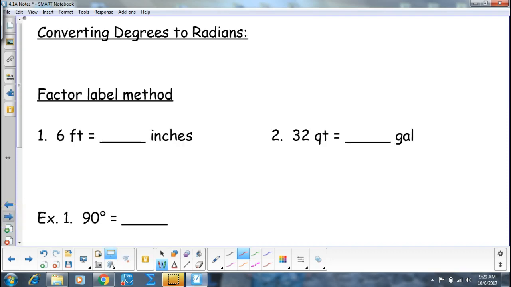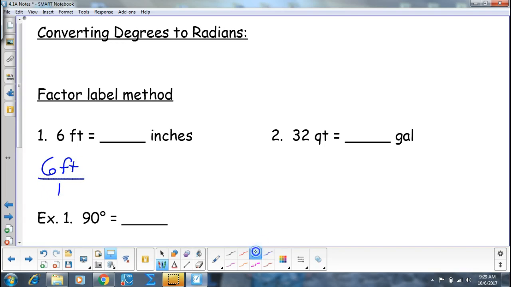When we think about converting, I love me some factor label method. Those of you that have taken a scientific class have done the factor label method multiple times. So if I'm converting 6 feet into inches, I would start with 6 feet, and I just put it over 1 just because that's what I do.